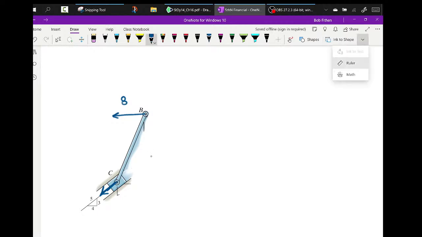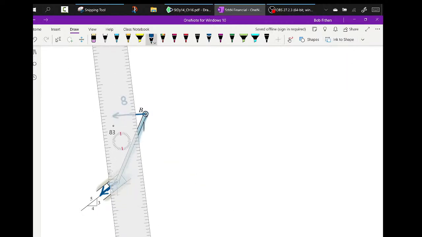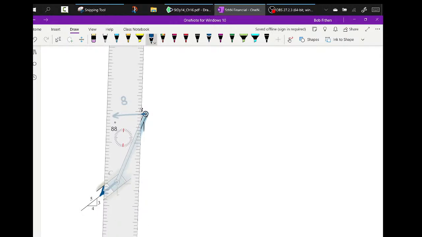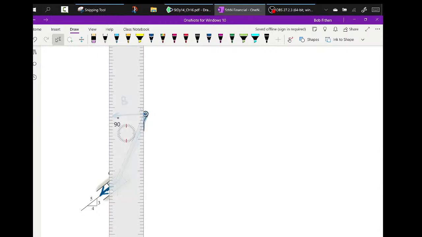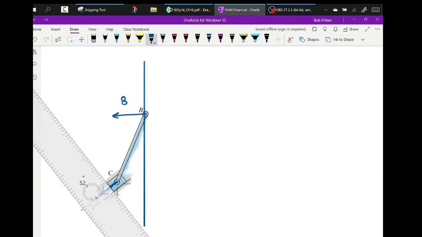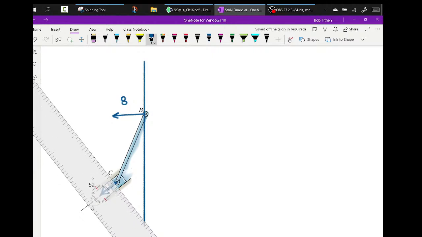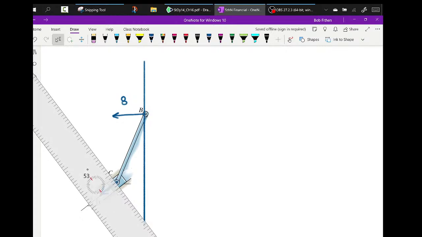So now, I'll use my rulers and produce a perpendicular the best I can. Okay, here's my perpendicular there.